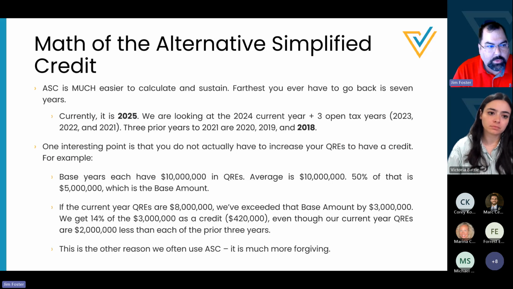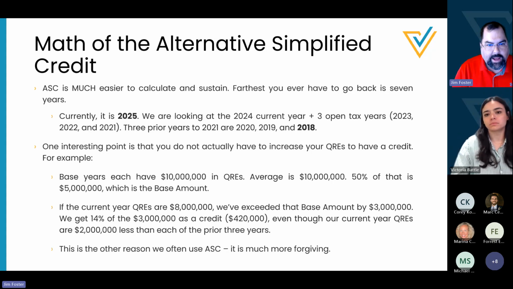Now, I will make note that the ASC method is much easier to get the information for and to calculate and sustain with the IRS, because the furthest you ever have to go back is 7 years. We're currently in 2025.